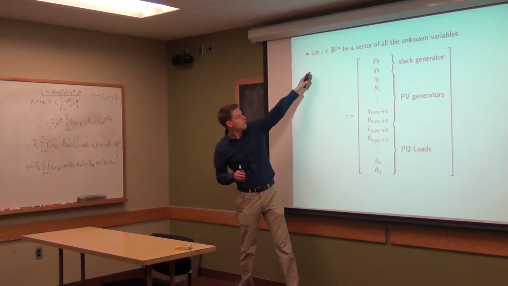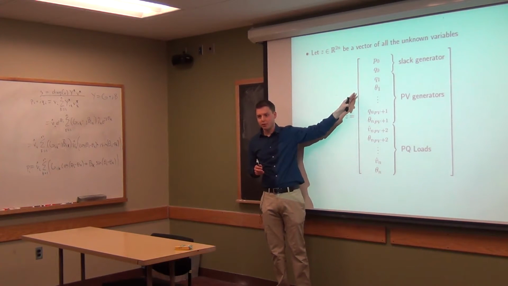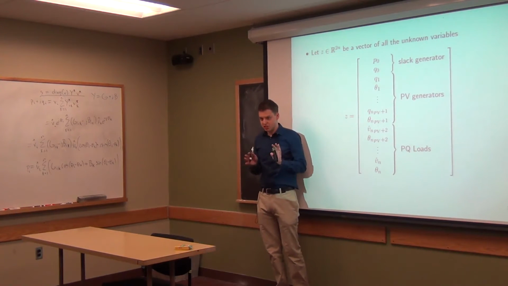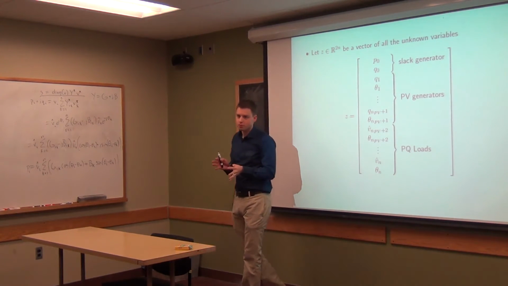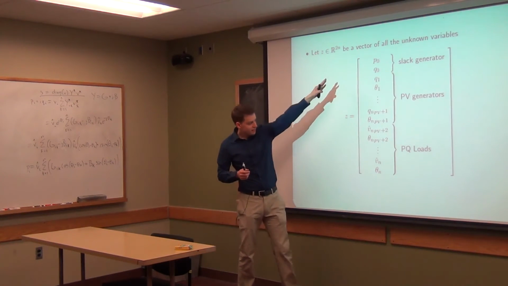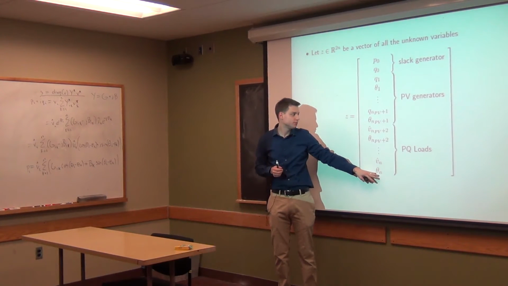We can write z, and this is just for an example here. We're actually going to later put z in a form which is more manageable, but this is just conceptually what we're doing. We can write z as a vector of all the things we don't know in our network.